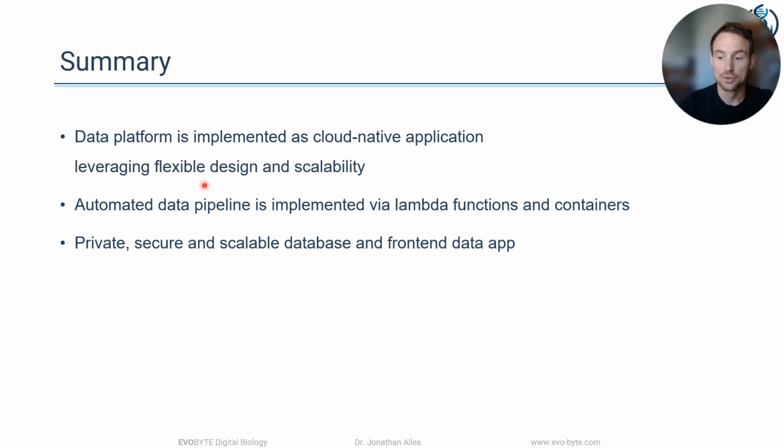We've seen how to automate a data pipeline with several consecutive steps using Lambda functions and containers that are chained based on the output of the previous container or the success state. And each of these containers then individually communicates to our backend and ensures that the data produced by this container are also stored in our database and made available to the users in the end.